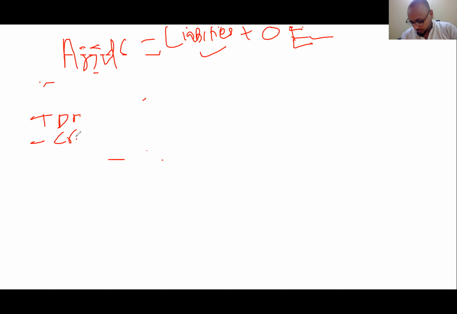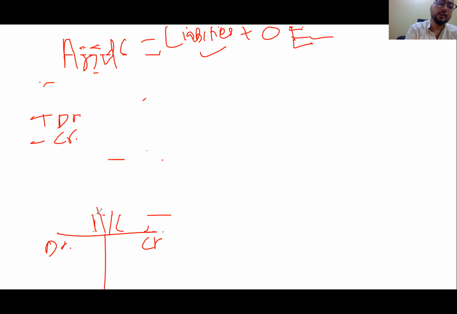Regarding the T accounts, the right hand side is called credit, the left hand side is called debit, and here you write down the account title. If assets increase, debit; asset decrease, credit.